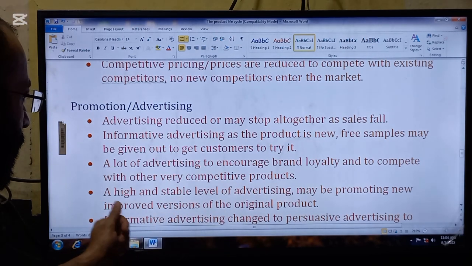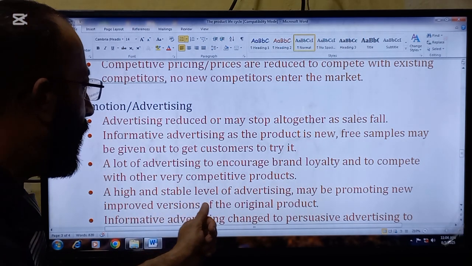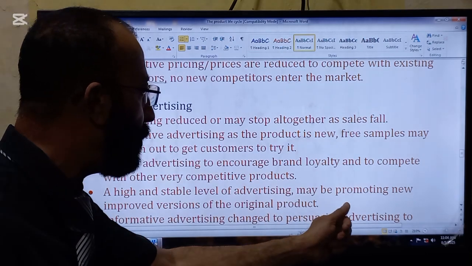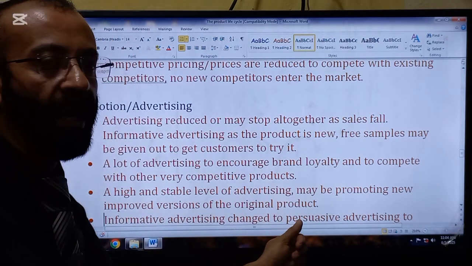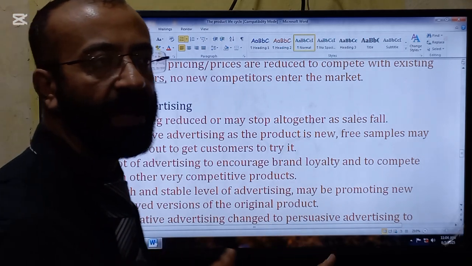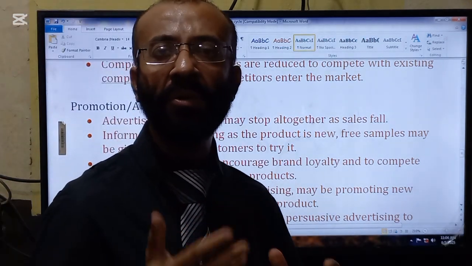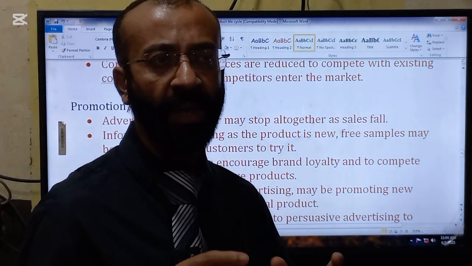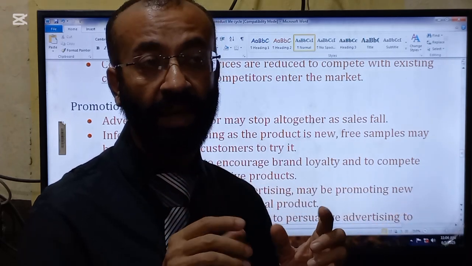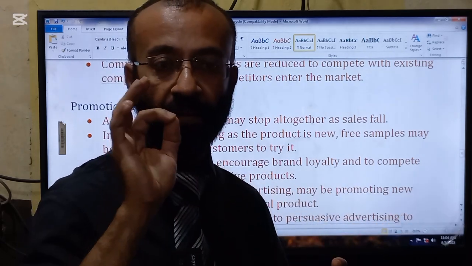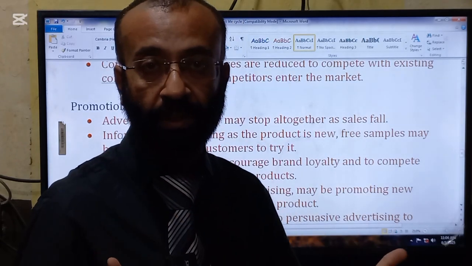After that, a high and stable level of advertising may be promoting a new improved version of the original product. As you have seen, Pepsi is introducing new and new versions of itself. After some time, we can see in the advertising that Pepsi is saying this is the new version, we have a strong taste.